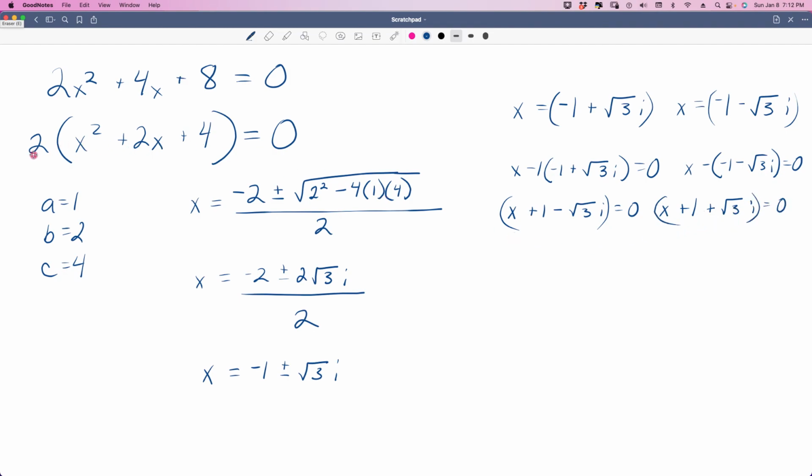So now we can go back and take that lead coefficient and say 2 times x plus 1 minus the square root of 3i times x plus 1 plus the square root of 3i is equal to 0. This is the fully factored form of this original quadratic equation.